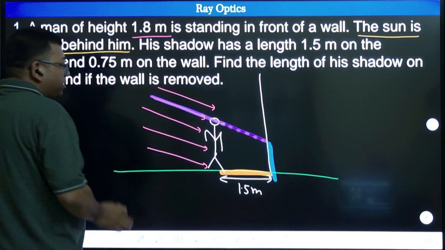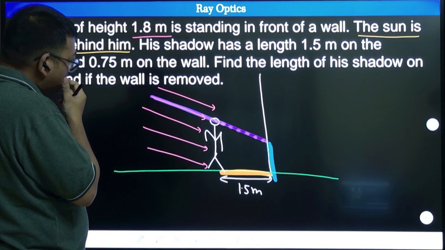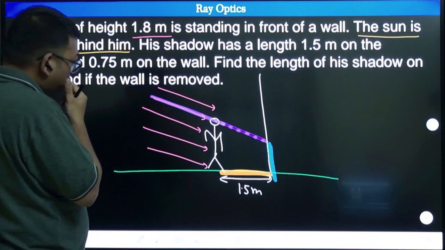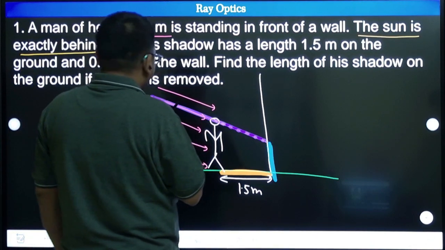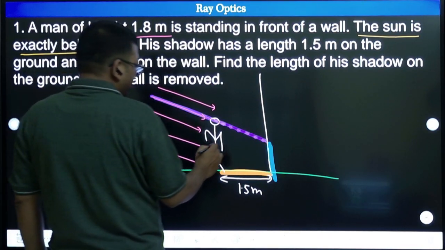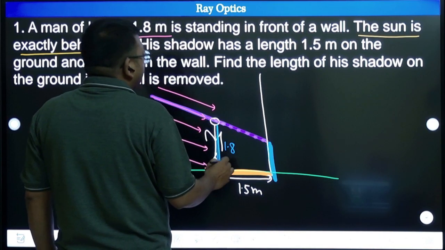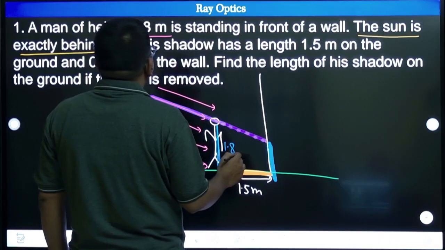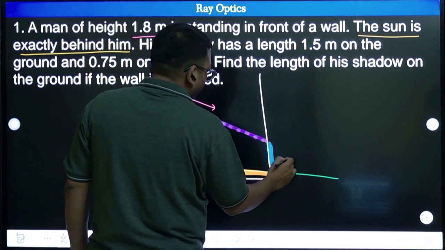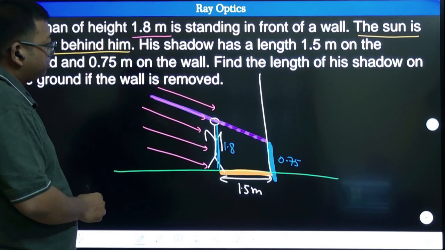Okay, now I think we need to do the calculation here. How to do the calculation? This length is given as 1.8. This is 1.8, and this length is 0.75, and this is 1.5.